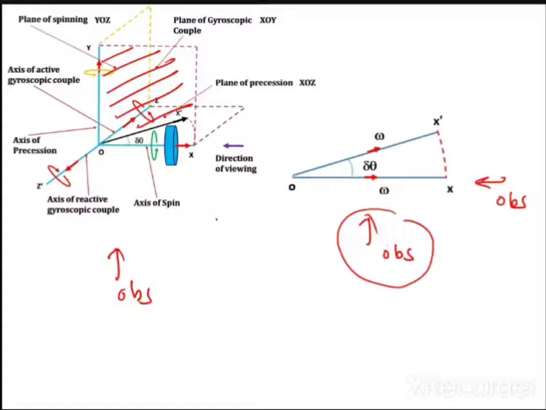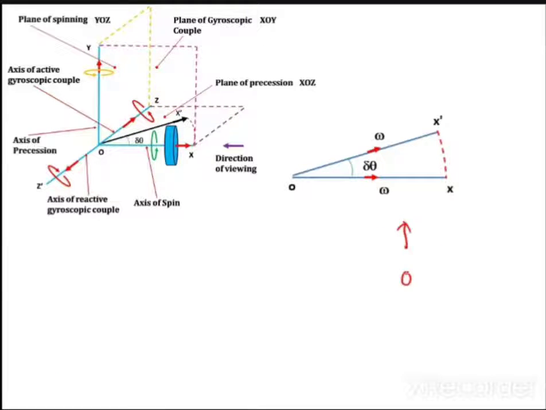Now, if this is the observer position, X is moving towards X dash, so we went from X to X dash, and I showed this arrow. Now this X dash is nothing but your active gyroscopic couple.